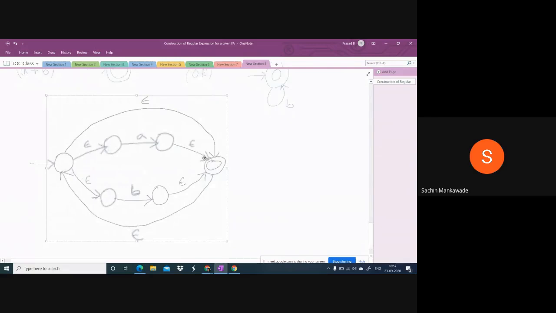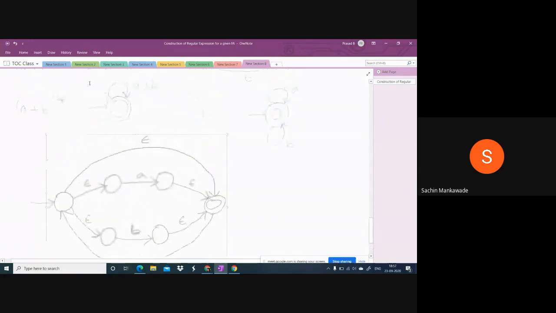This is for A square, A cube, A power 4, like that. Similarly B, again come back, B square, again come back, B cube, like that. And any combination of A and B. This is for A plus B whole star. But we use this one only, this or this.